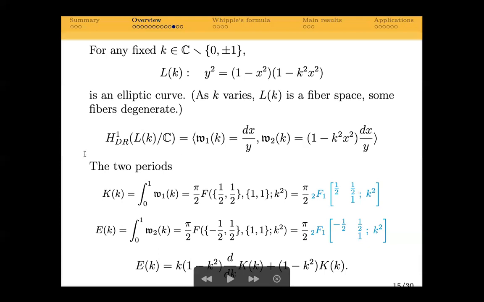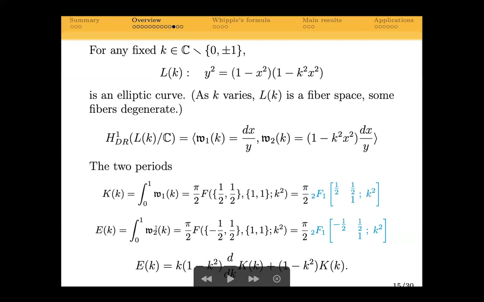They span the first cohomology of this elliptic curve. If I take the cycle from 0 to 1 and do the integration, in addition to the transcendental part, we will get 2F1(1/2, 1/2; 1) with the argument k squared.